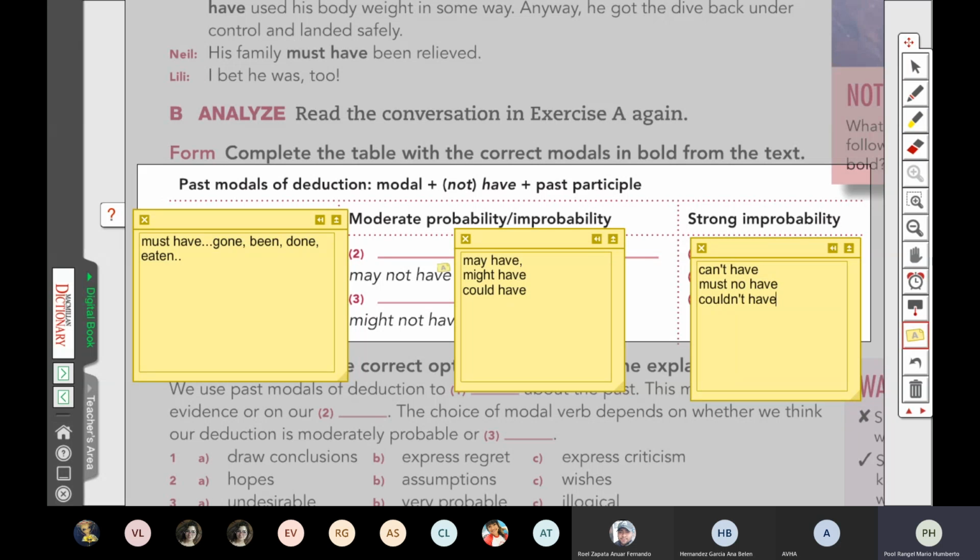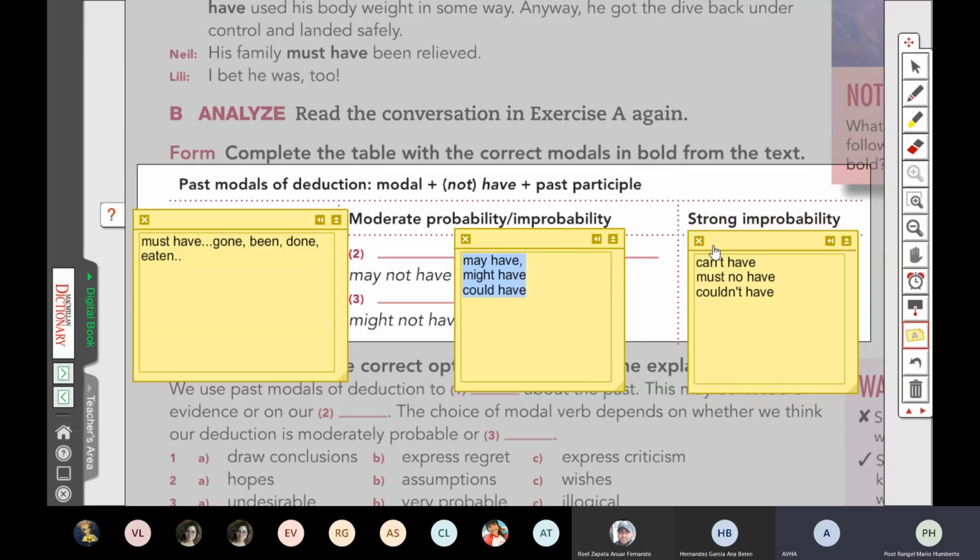Entonces, cuando es alguna posibilidad, cuando te da esa ventana de que, bueno, a lo mejor sí, a lo mejor no, te da chance de que uses cualquiera de estos tres. May have, might have, could have. Pero en realidad sí tiene su diferencia. Could have es un poquito más de posibilidad. O sea, digamos, como que un 50, el may un 40 y el might un 30. Más o menos, aproximadamente. Así como a ojo de buen cubero.